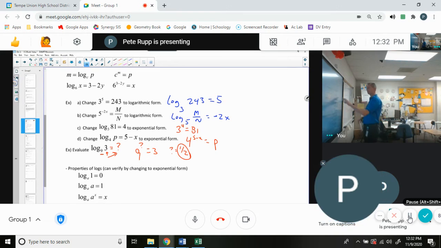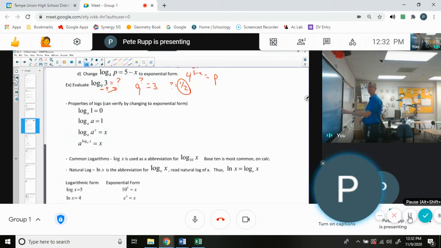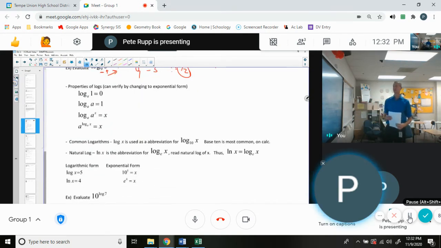Okay, so there's some properties here. You can verify this by changing it to exponential form. I'm not going to verify all these, but they are kind of nice to know. They shorten up some problems sometimes. But with the amount of practice we're going to get going back and forth between logarithmic and exponential, some of these should be just kind of obvious.